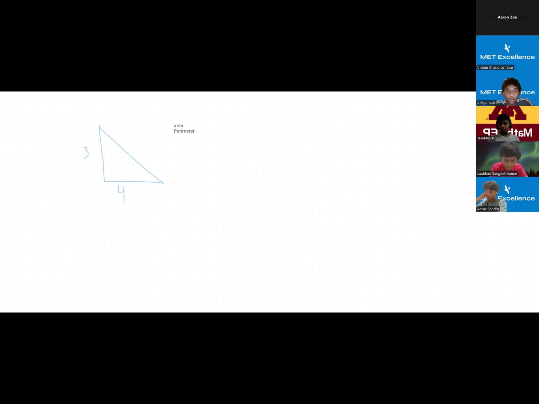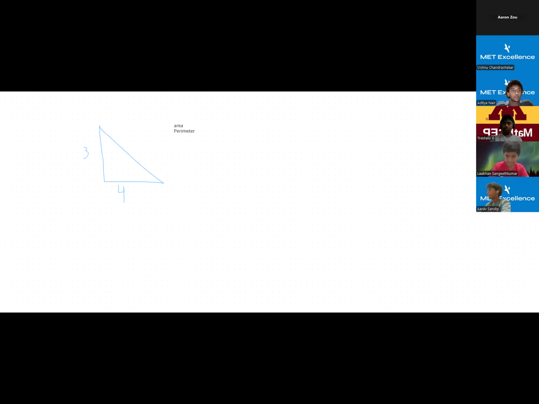Okay, I see 6. Perimeter is 12. Okay, so I see a lot of you put area is 6, and that is correct.